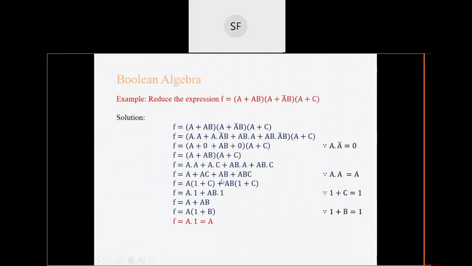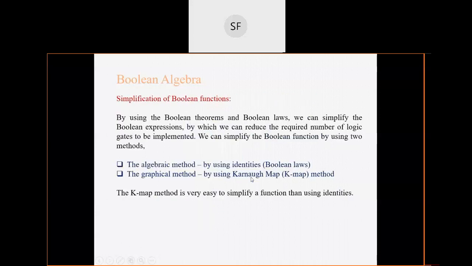Whatever we have discussed in this slide is your first option, by using identities and Boolean laws of Boolean algebra. So you can follow this method, and the second is by using the graphical method, that is by using the Karnaugh map, that is K-map. So this method is actually in your syllabus.